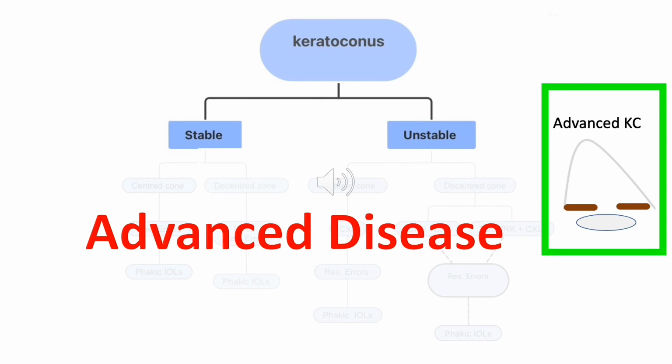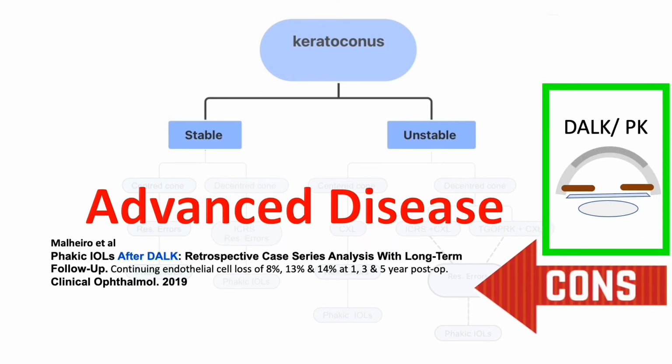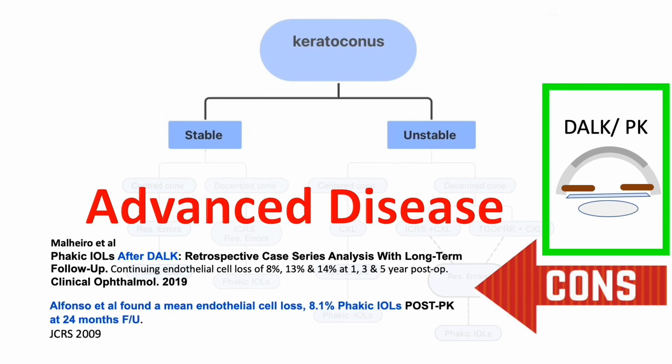And if the disease was advanced, Malhero et al. found in a retrospective case series analysis with long-term follow-up that there was continuing endothelial cell loss of 8%, 13%, and 14% at 1, 3, and 5 years post-op in phakic IOLs after DALK, whereas Alfonso et al. found a mean endothelial cell loss of 8.1% in phakic IOLs post-PK at 24 months follow-up, though there was a disadvantage of phakic IOLs in DALK over phakic IOLs in PK eyes.